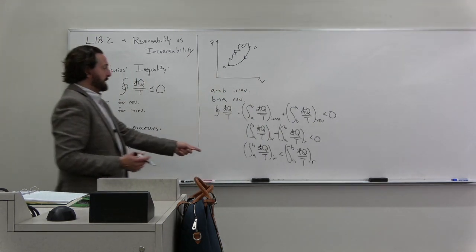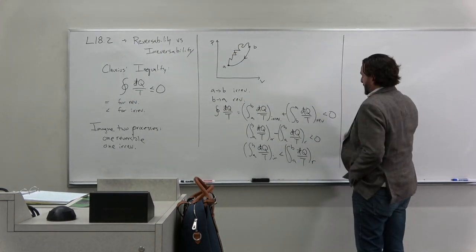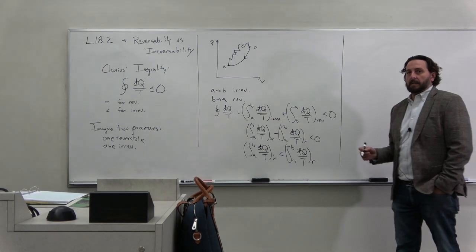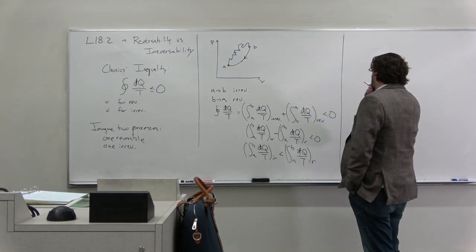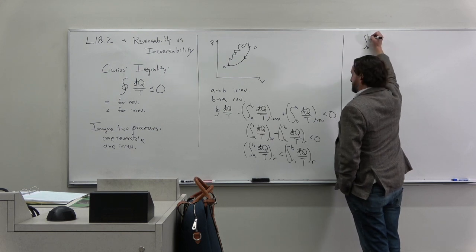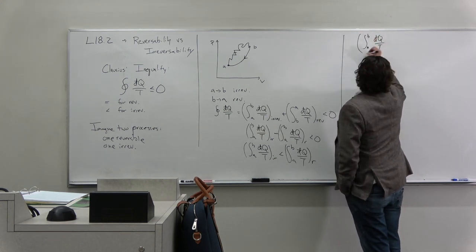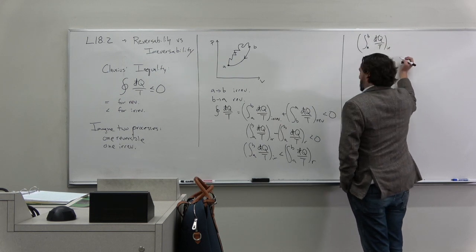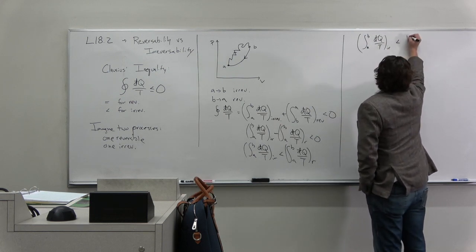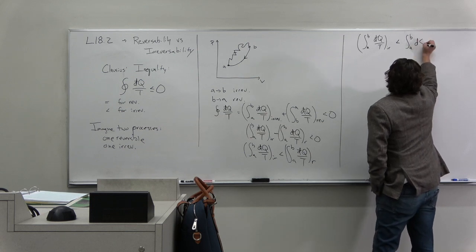But if it's reversible, we know that for a reversible process this can be taken to be an exact differential, right, and turned into our entropy. So the integral of dq over T for an irreversible path is less than the integral from A to B of dS.